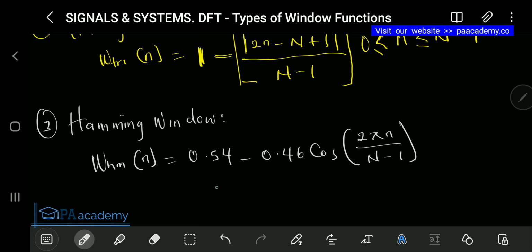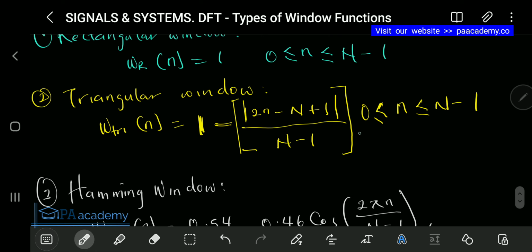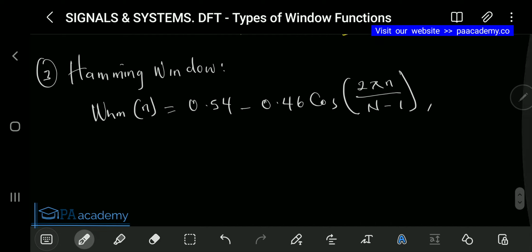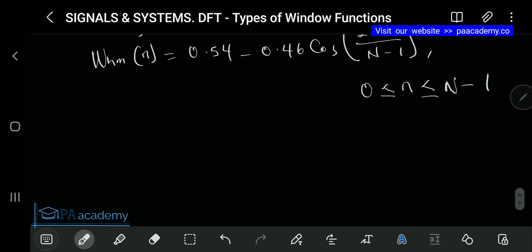The range for n is still the same as the other ones, that's 0 less than or equal to n, less than or equal to N minus 1.